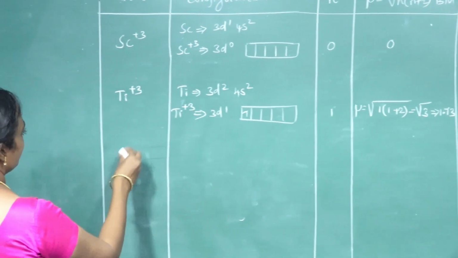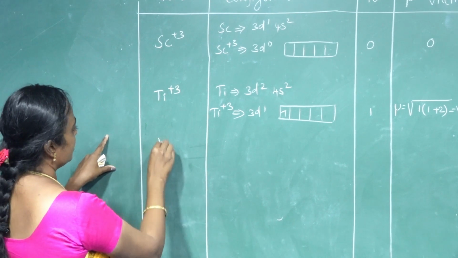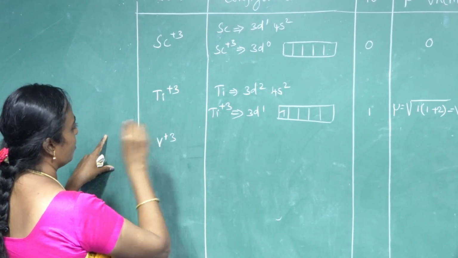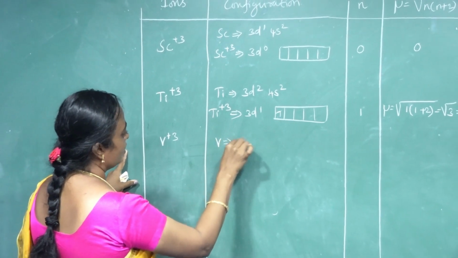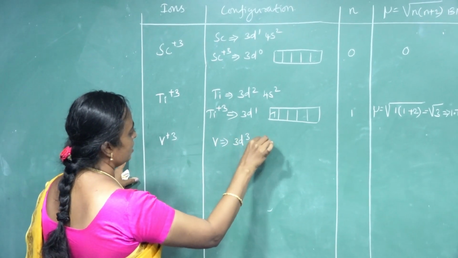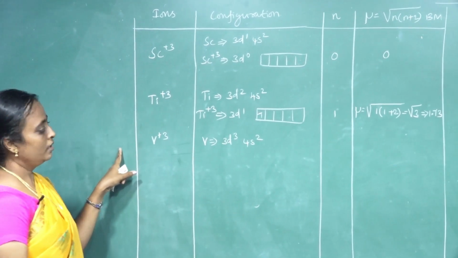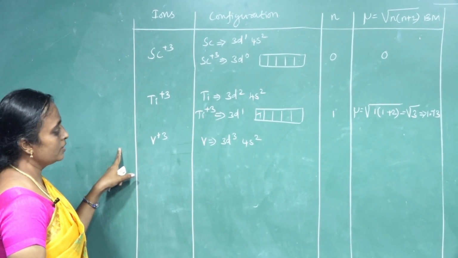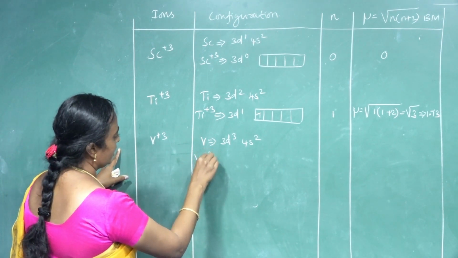Moving on to one more ion, next you take the vanadium 3 plus complex. For vanadium the electronic configuration is 3d3 4s2. For vanadium 3 plus, 2 electrons are removed from s and 1 from d, so 3d2.